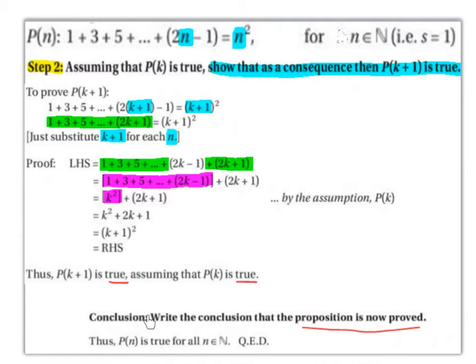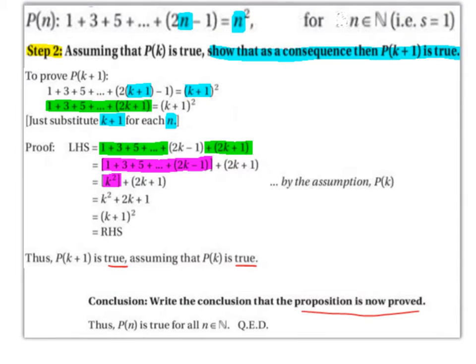So conclusion. So we write the conclusion that the proposition is now proved. Thus, P of n is true for all n values elements of the natural number set, QED. So this is just Latin to say we've proved what we were asked to prove.